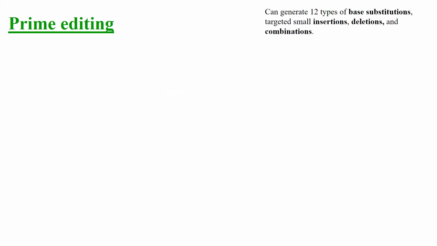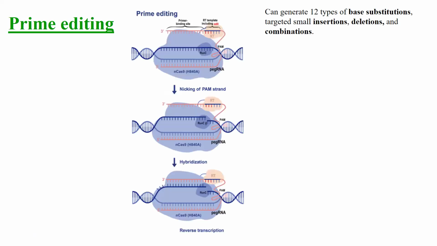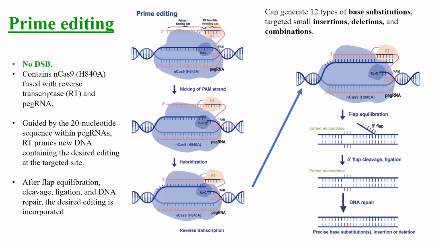Another one is prime editing. The word prime means something more special. In that case, there is no need to make a double-strand break. Here, there is a prime editing guide RNA.